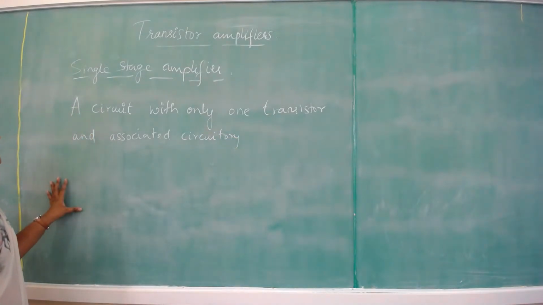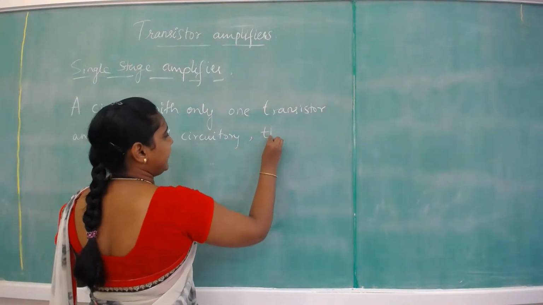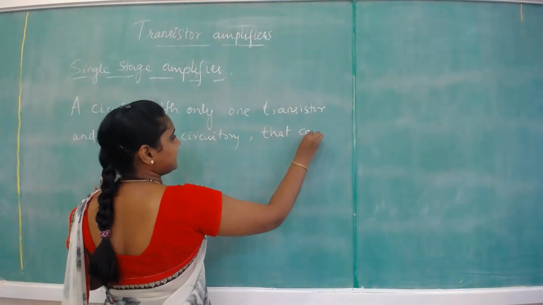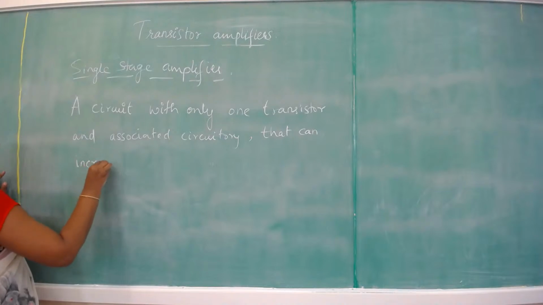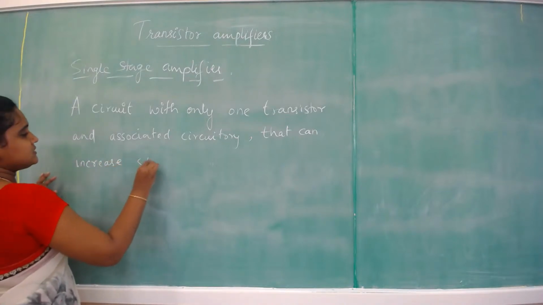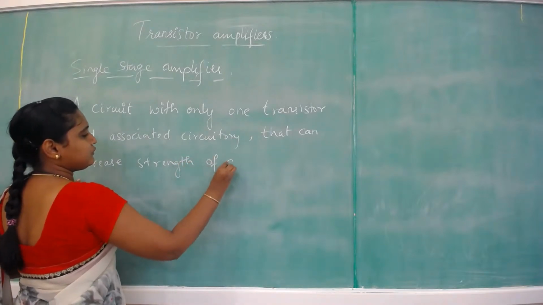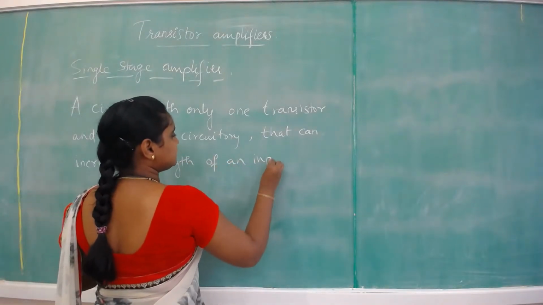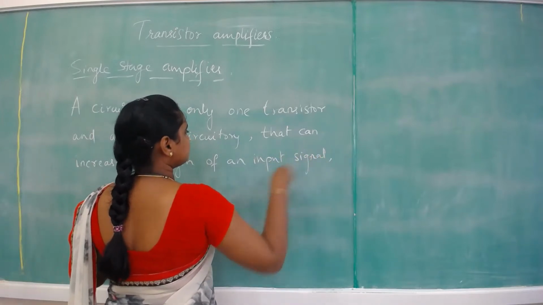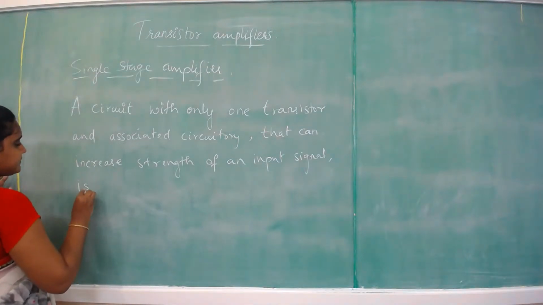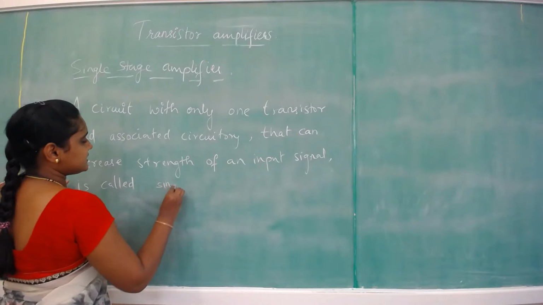A circuit with only one transistor and associated circuitry that can increase the strength of an input signal is called a single stage amplifier.